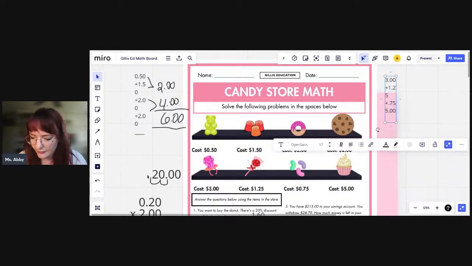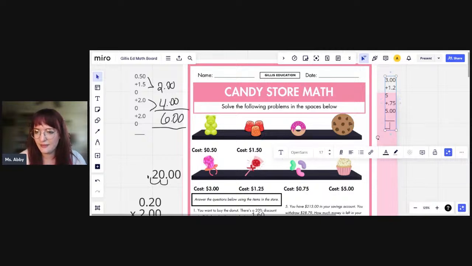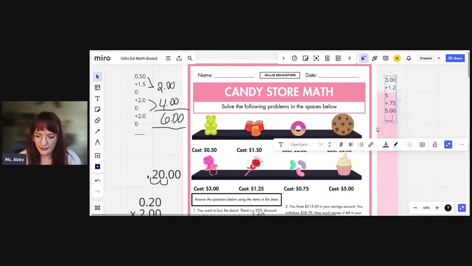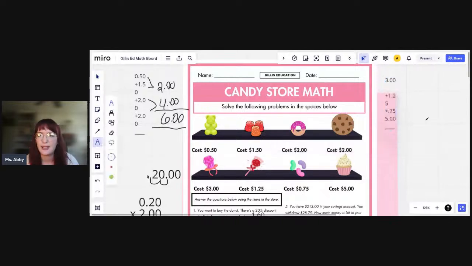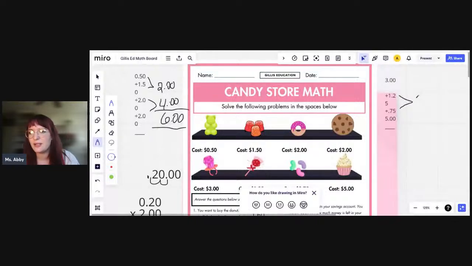So we're going to add all of these together. And we're going to do the same thing by breaking these up. So we see that the 3 and the 5 are already whole numbers. So we're just going to leave those alone. Instead, for this one, we're going to add together the $1.25 and the 75 cents. So that is going to be $2.